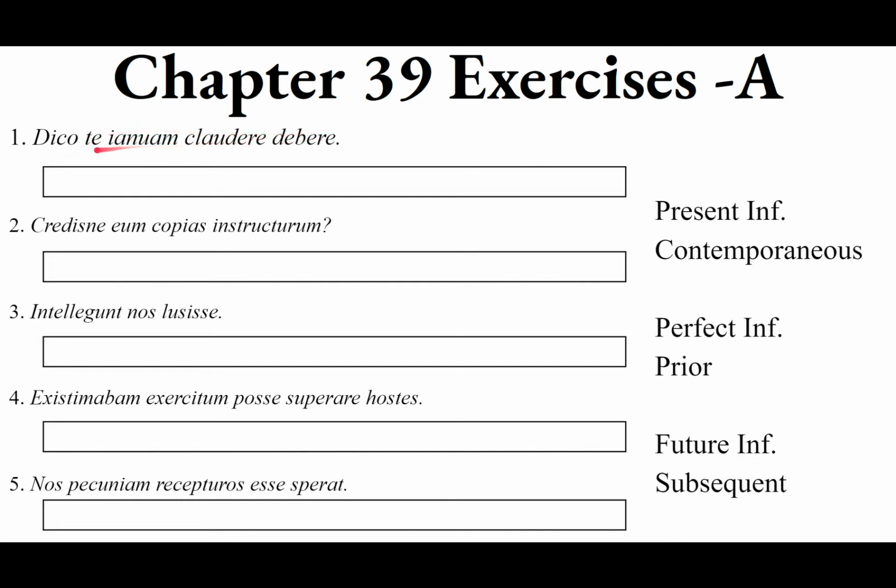It's a whole clause. It's got a subject, te, and it's got a verb, which is debere. So we bracket, put brackets around the indirect statement. This whole thing acts like one big long accusative, direct object of dico, the introductory head verb. That's why the subject is in the accusative, it's te. The verb is an infinitive, debere.